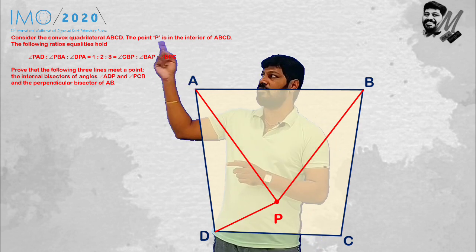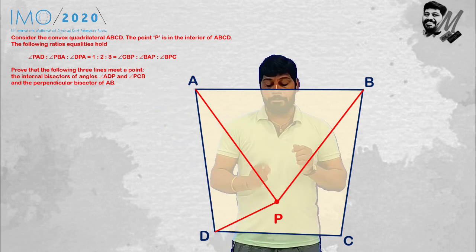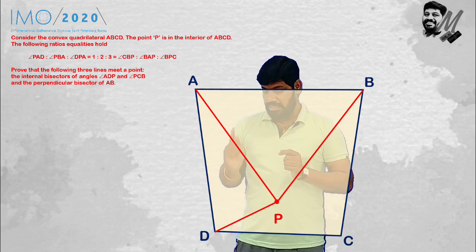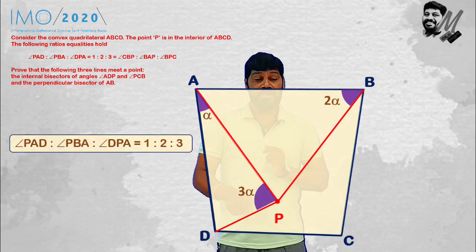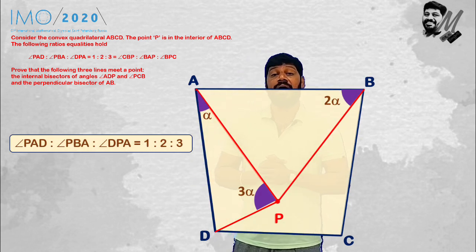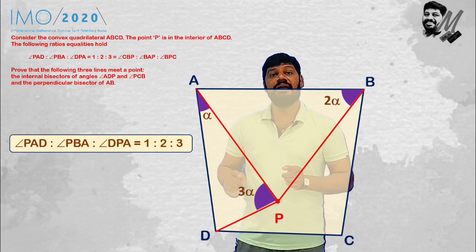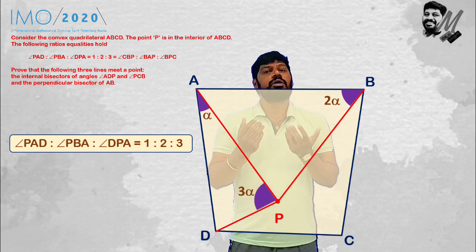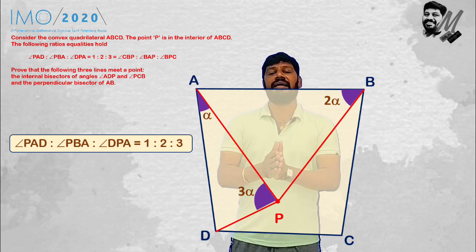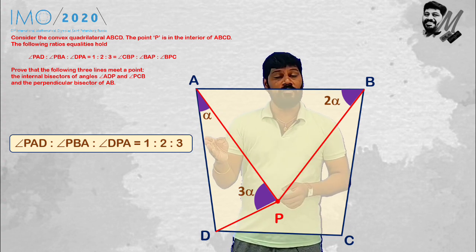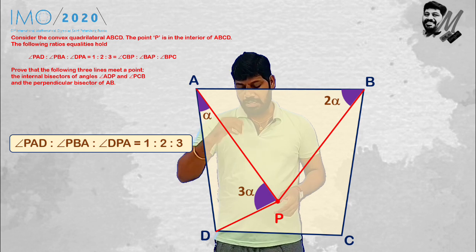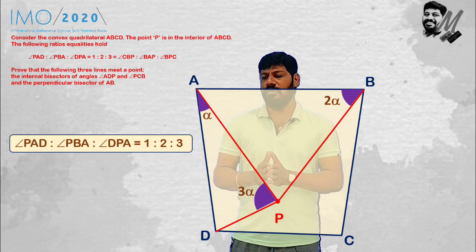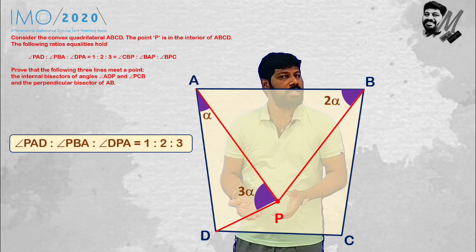First, angle PAD, angle PBA and angle APD are in the ratio 1:2:3. I am showing that in the diagram: let me consider this as alpha, this is going to be 2 alpha, and this is going to be 3 alpha, which are in the ratio 1:2:3.